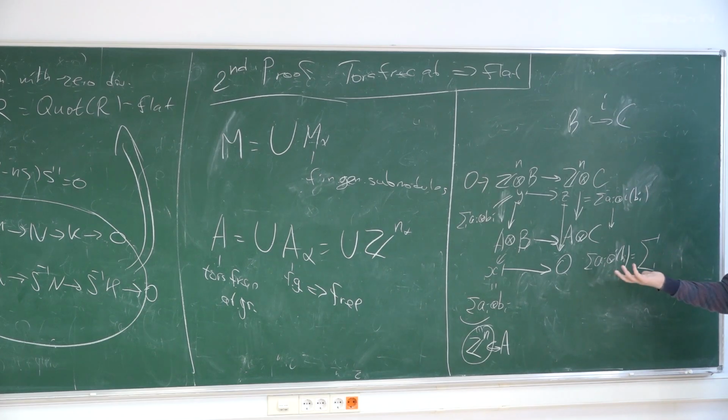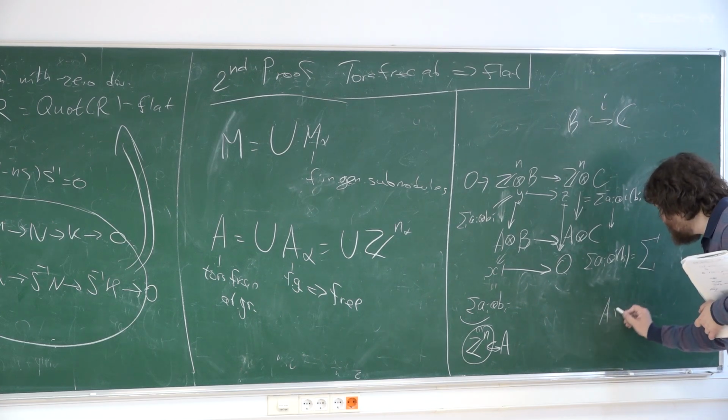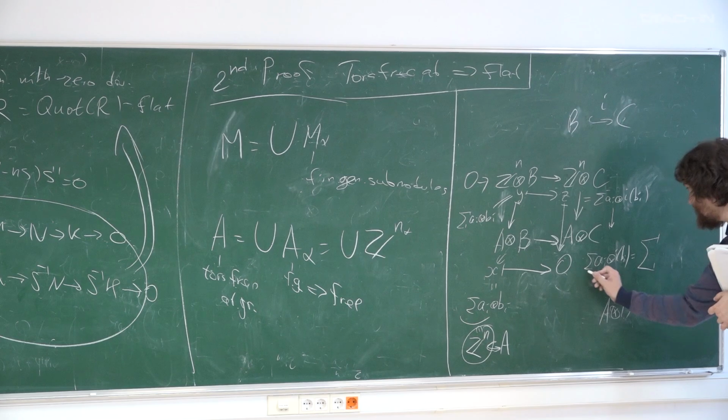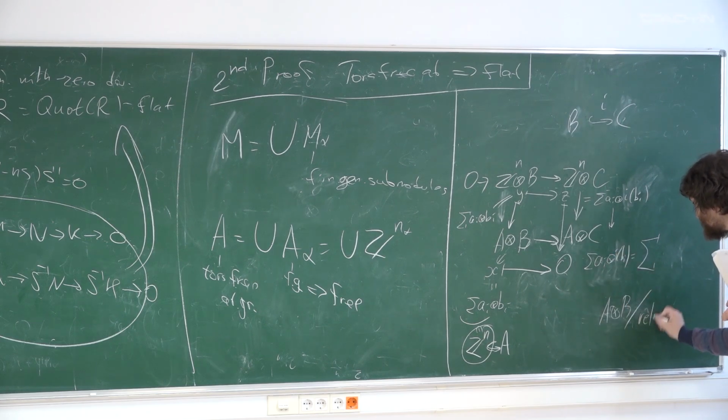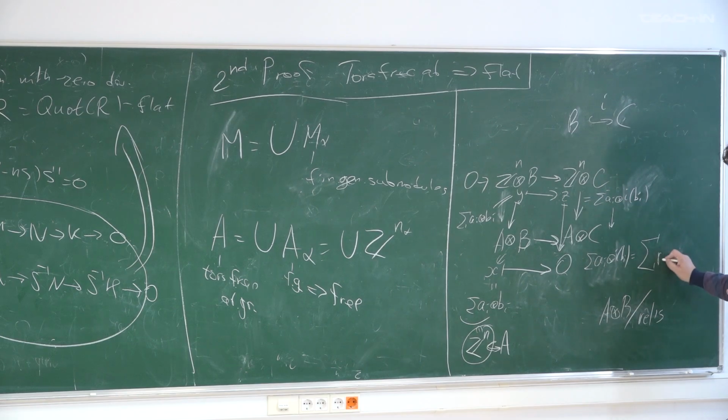What does it mean that some element is 0 in a tensor product? It means that it's a sum of relations, because the tensor product is the free group generated by these elements modulo relations, the same relations, distributivity. So it's a sum of relations in this abelian group.